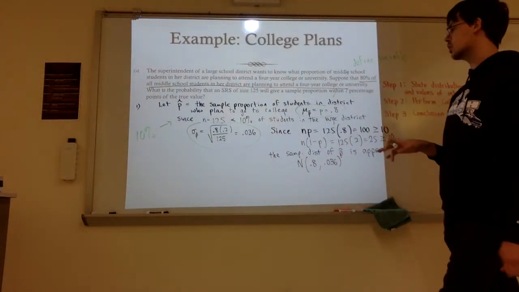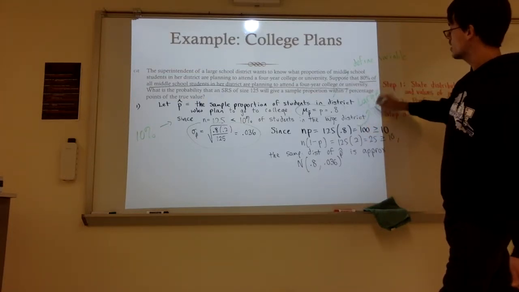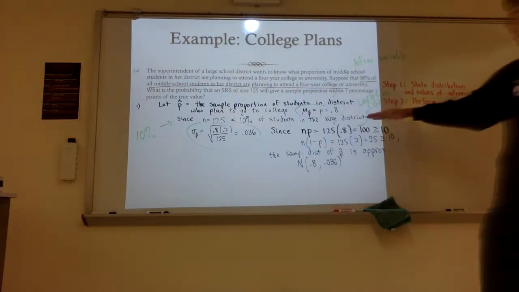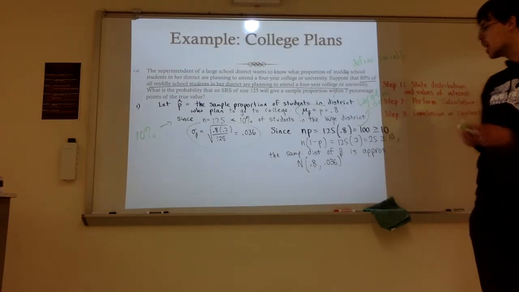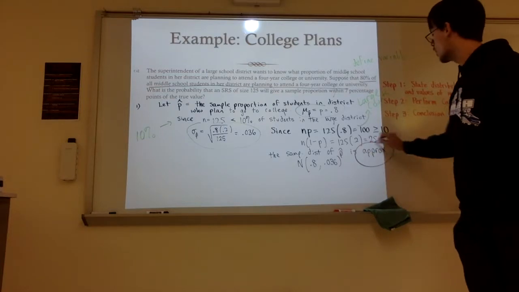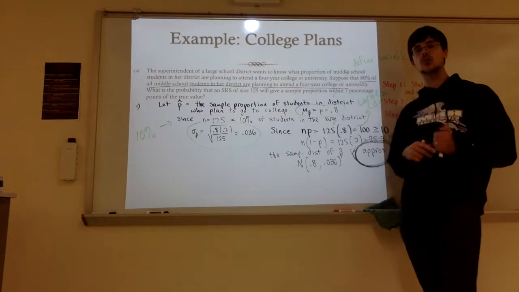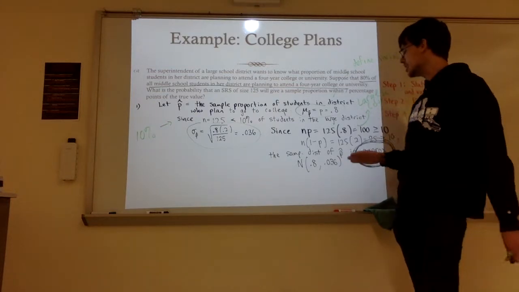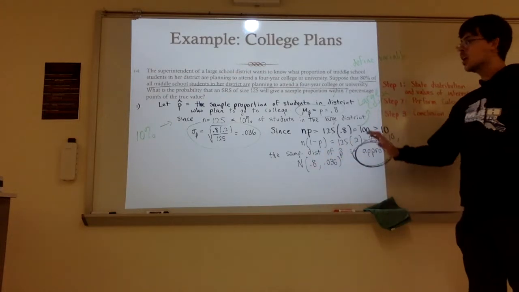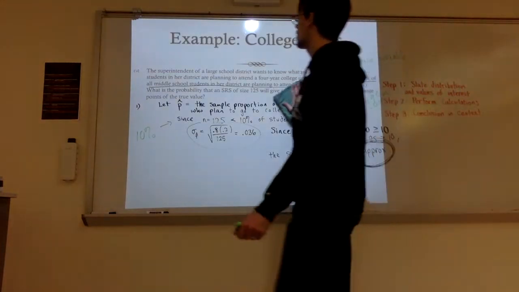You also need to establish large counts. So we got our large counts going on right here. Both of these are greater than or equal to 10. Make sure when you talk about the sampling distribution of p hat, you use the words approximately normal. Don't say it's actually normal. That will cost you points on the AP test. It's an approximately normal distribution with these values right here. So I'm going to go ahead and erase this so I can go on to the next step. But that is our setup phase for the problem.